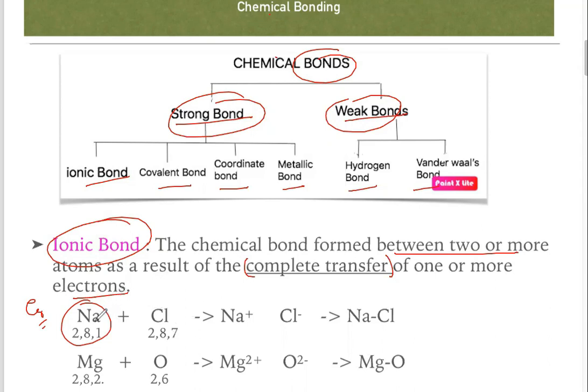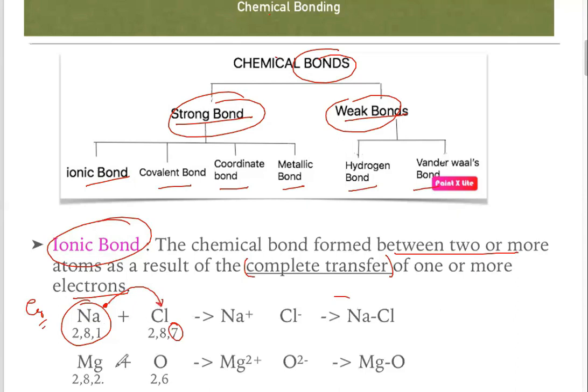In the outermost shell of sodium there is one electron, and in the outermost shell of chlorine there are 7 electrons, right? If chlorine gets one electron, the octet is completed, or if sodium loses one electron, sodium will have the octet. So whenever an ionic bond forms, one or more electrons transfer from sodium to chlorine.